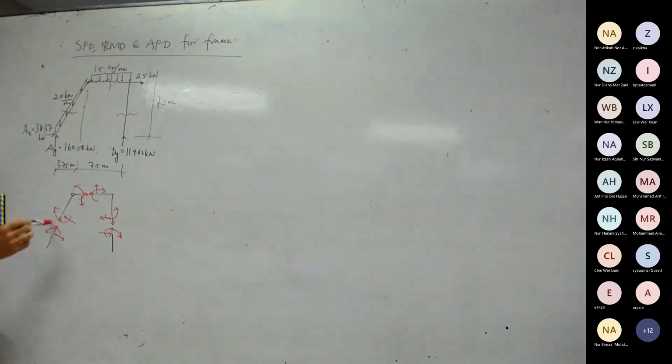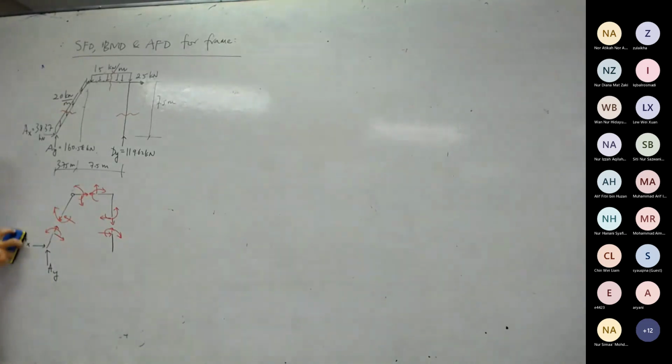If you cut here, you can use this free body diagram. If you calculate AY and AX, then you can use this to calculate axial force, shear force, bending moment.